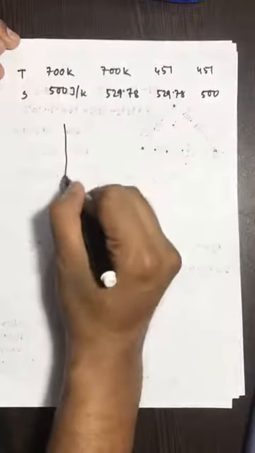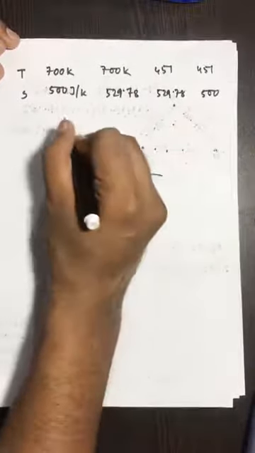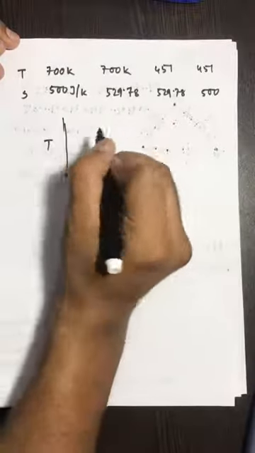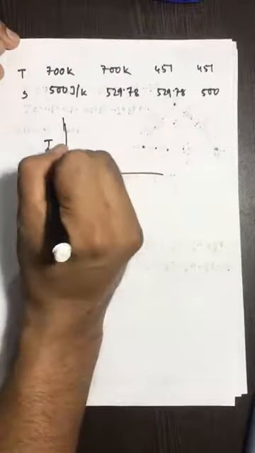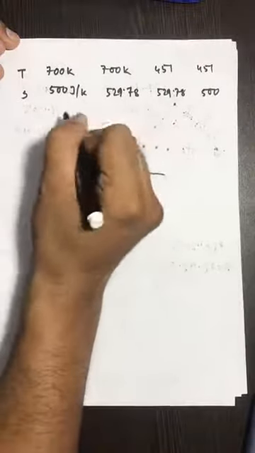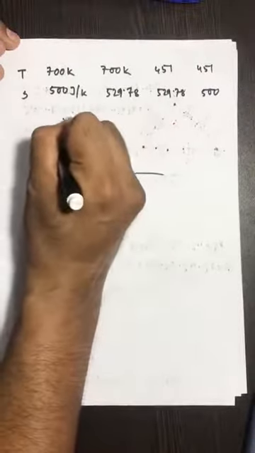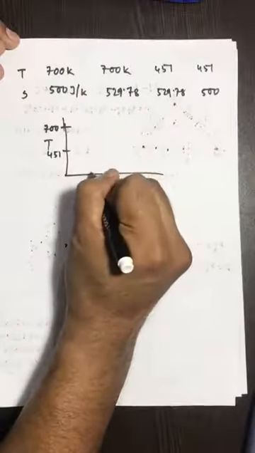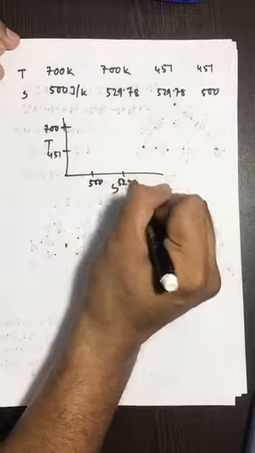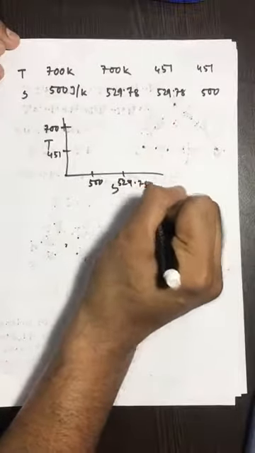If we draw the graph of temperature versus entropy, there are only two temperatures, 451 Kelvin and 700 Kelvin, and the entropy values are 500 and 529.78.